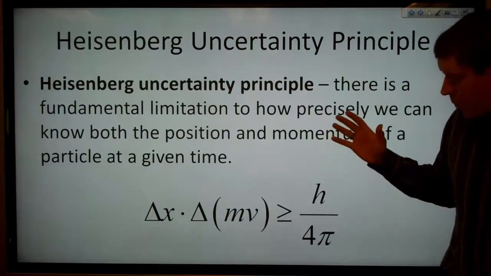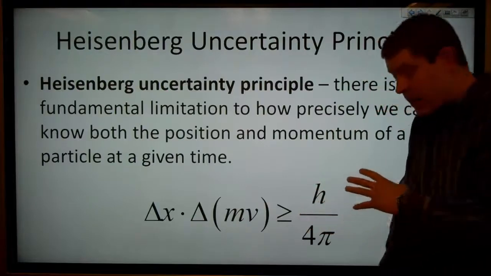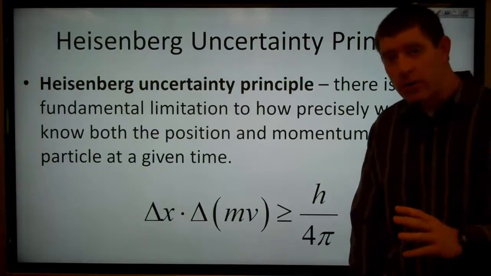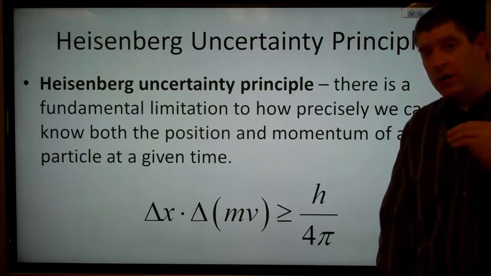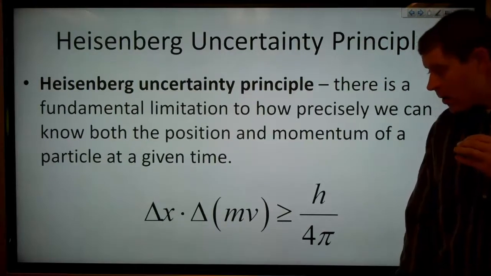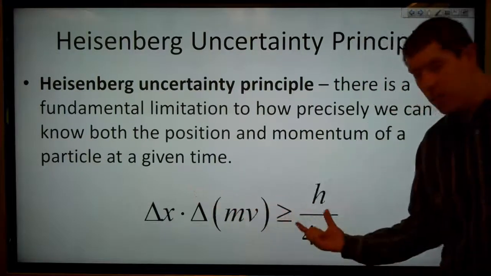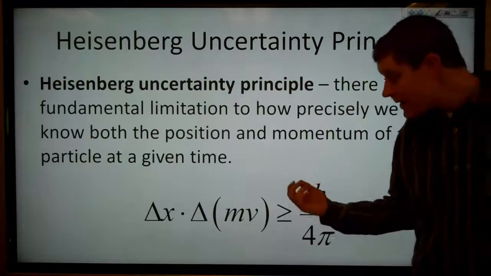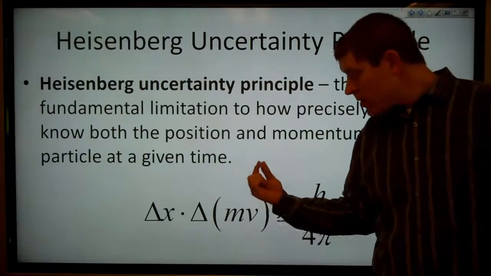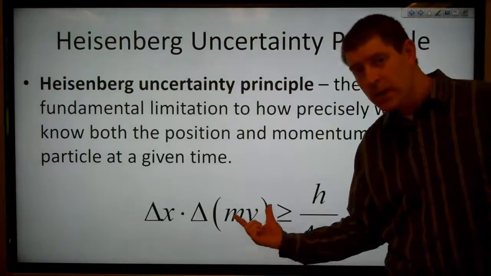So what this means is that regardless of how good our instruments get, regardless of how well we're trying to take measurements, we can only get this product to be so low. Which means we can't ever get to the point where we know the position and momentum exactly.